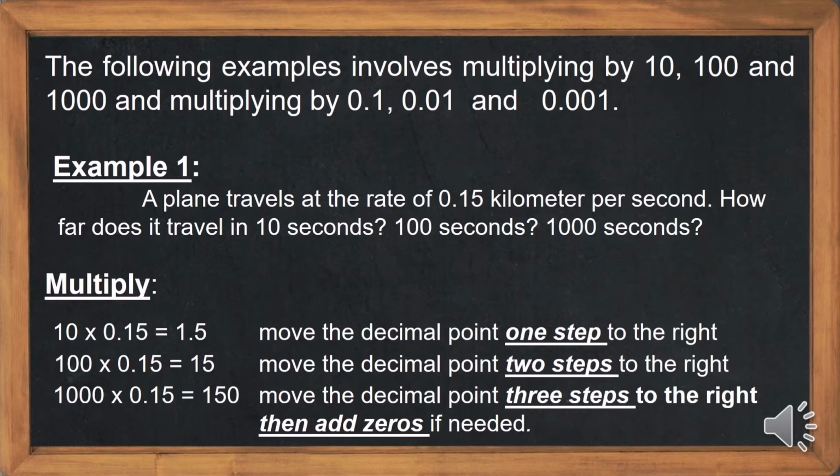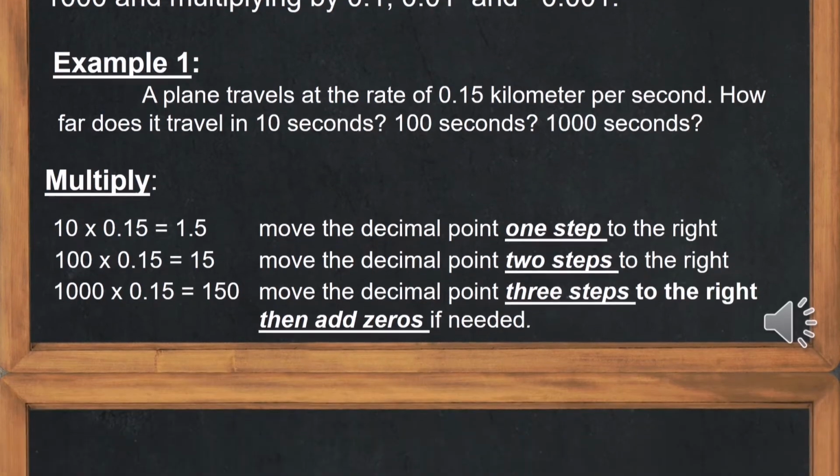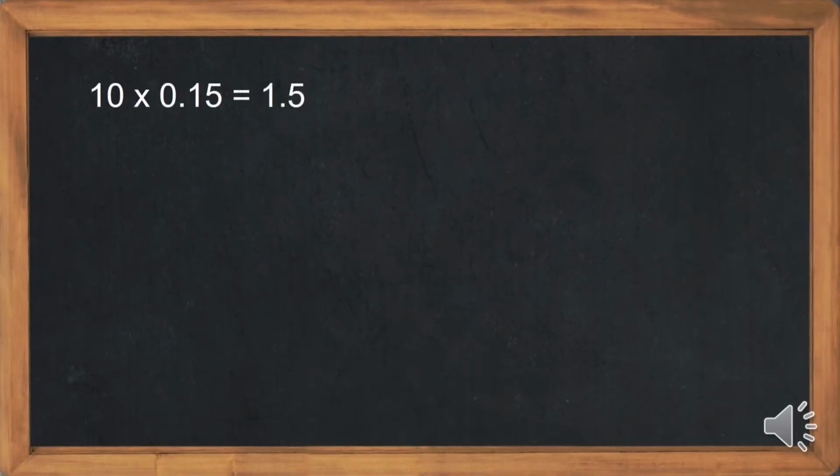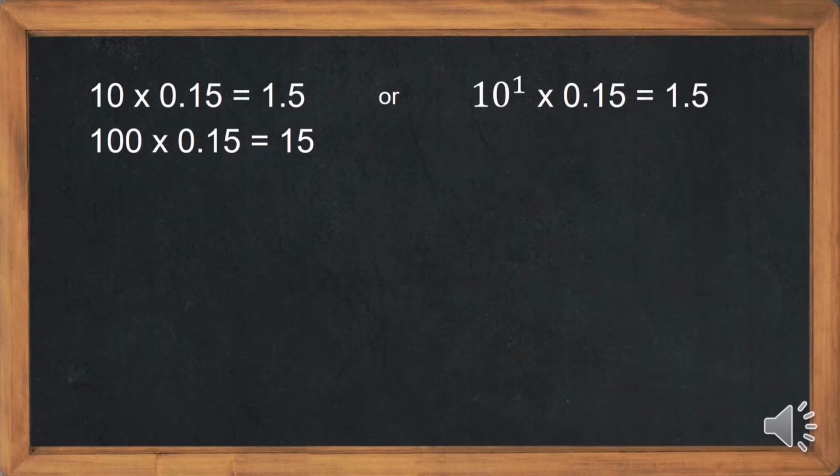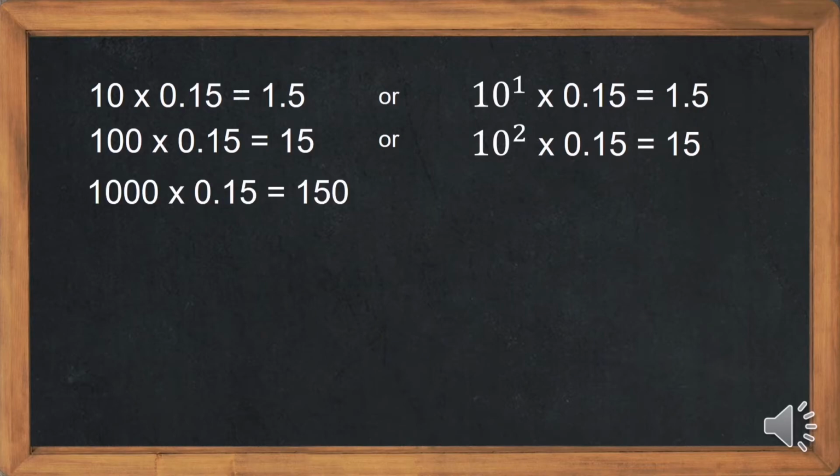Kaya nakuha natin si 1.5 for 10, 15 for 100, and 150 for 1,000. 10 times 0.15 equals 1.5, or 10 to the power of 1 times 0.15 equals 1.5. 100 times 0.15 equals 15, or 10 to the power of 2 times 0.15 equals 15. Next, 1,000 times 0.15 equals 150, or 10 to the power of 3 times 0.15 equals 150.